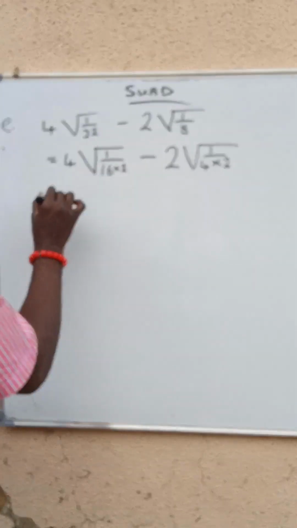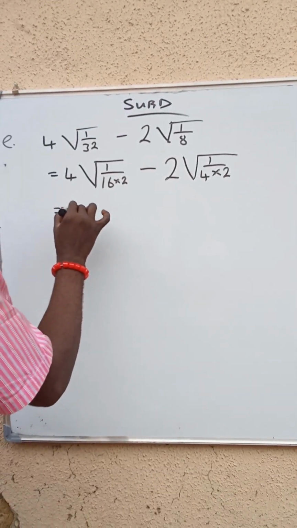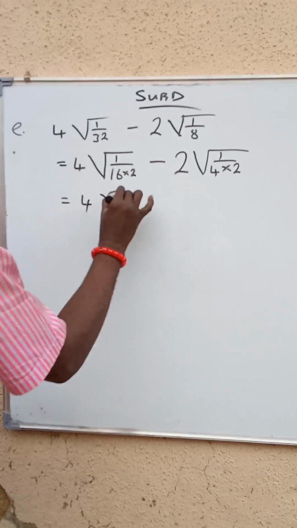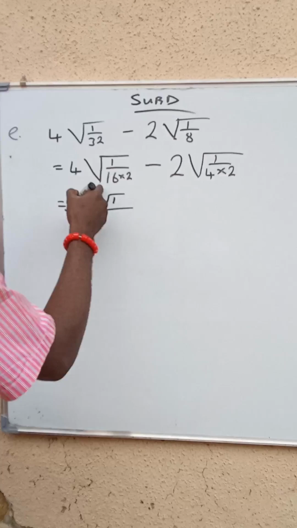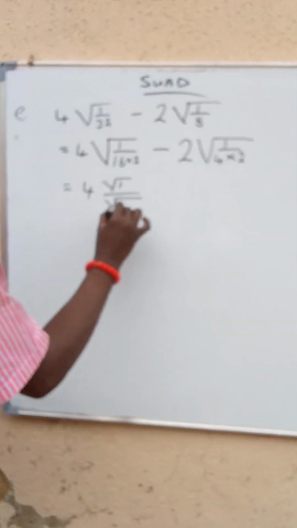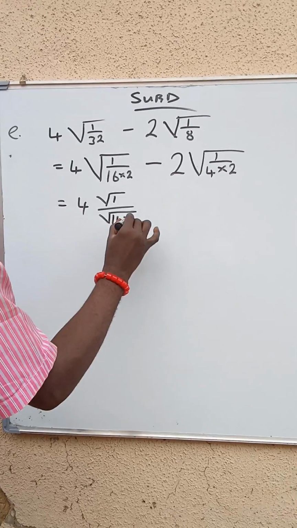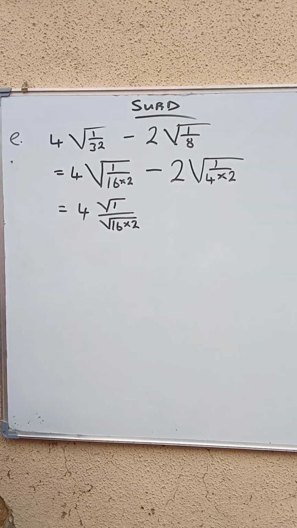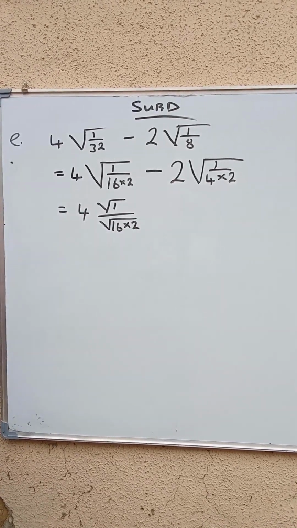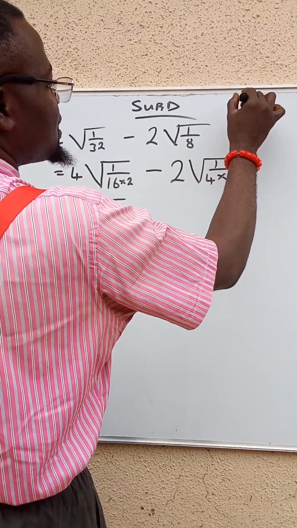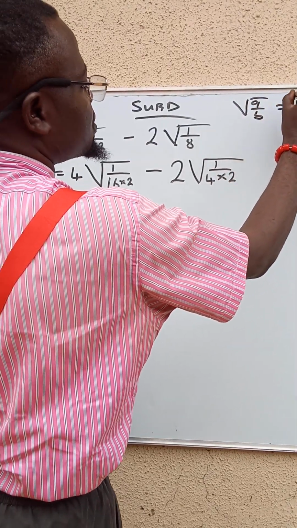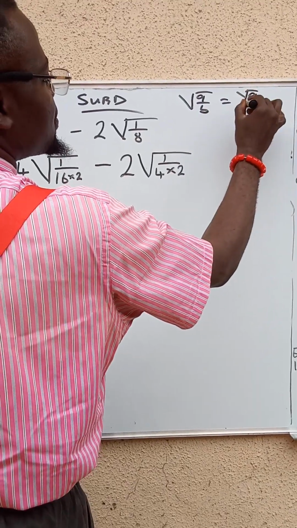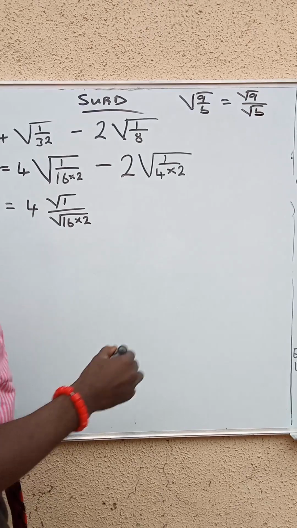So this becomes what? According to the rule, I have 4. Remember, I can have 1 over 16 multiplied by 2. Yes. Because it's in the rule. We said that if you have A over B, the same thing as root A over root B. We said it.